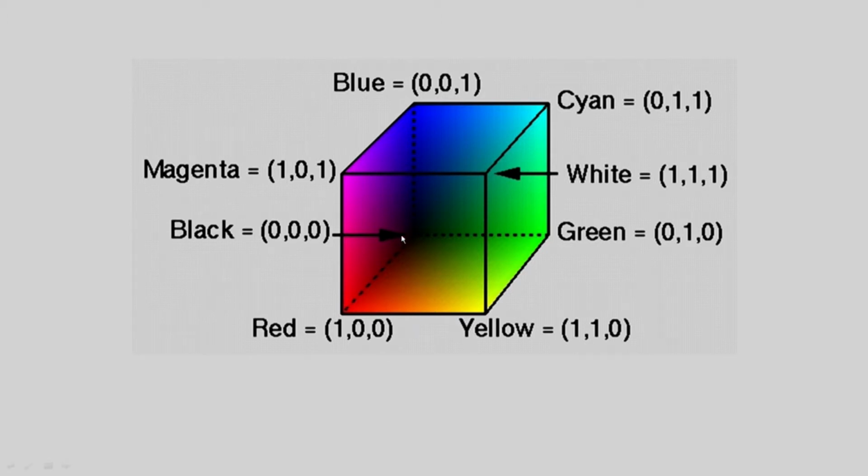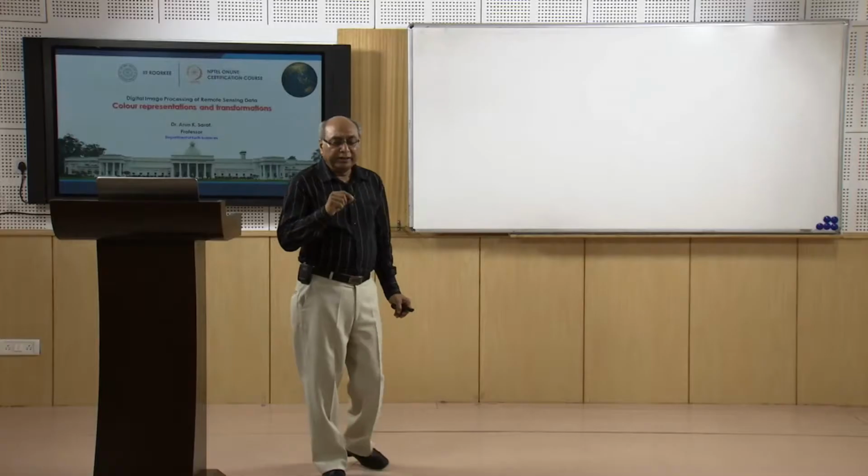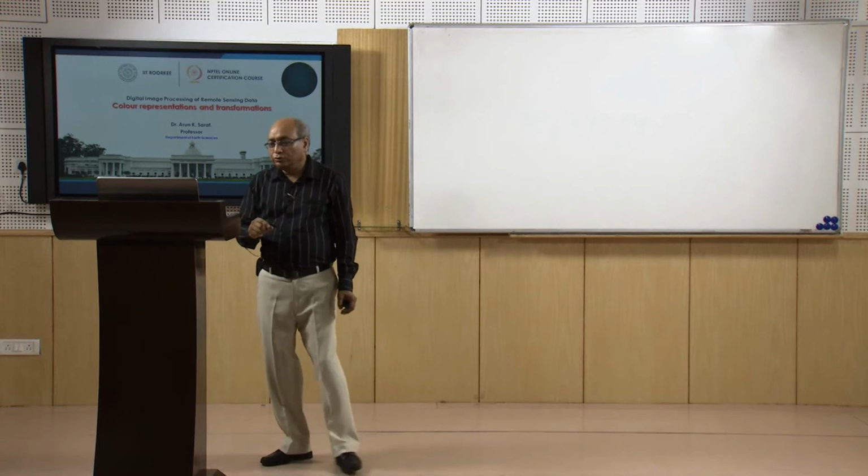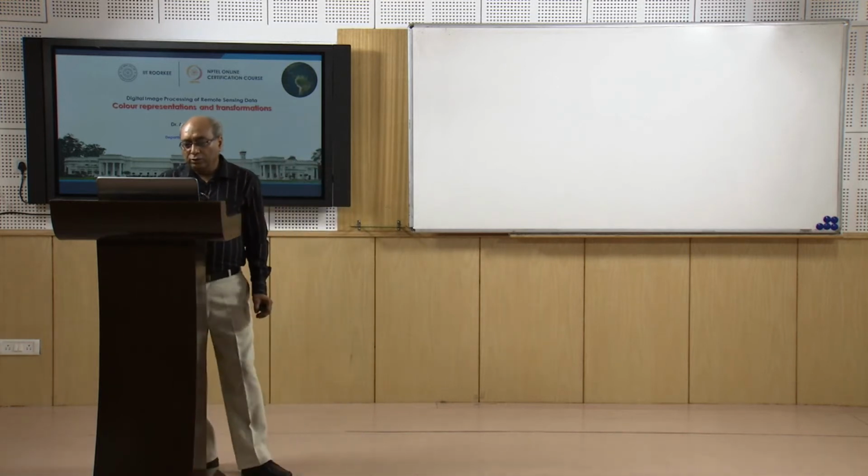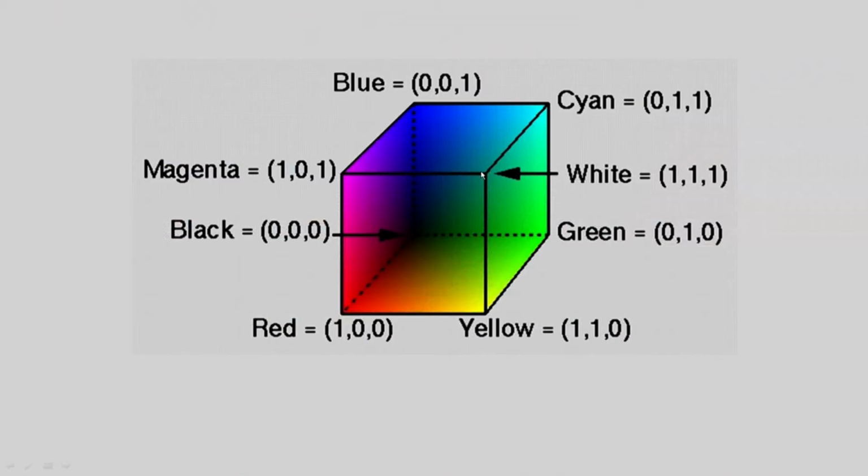When all values red, green and blue are 0, then we get the black color. And when all values on these 3 axes, red, green and blue, are 1, on a scale of 0 to 1, then we get white, and this is what is shown here.